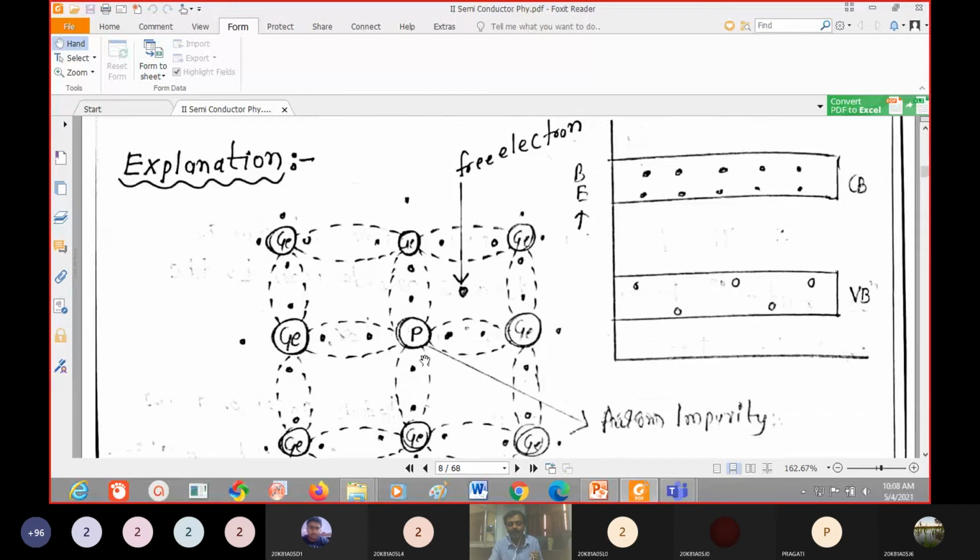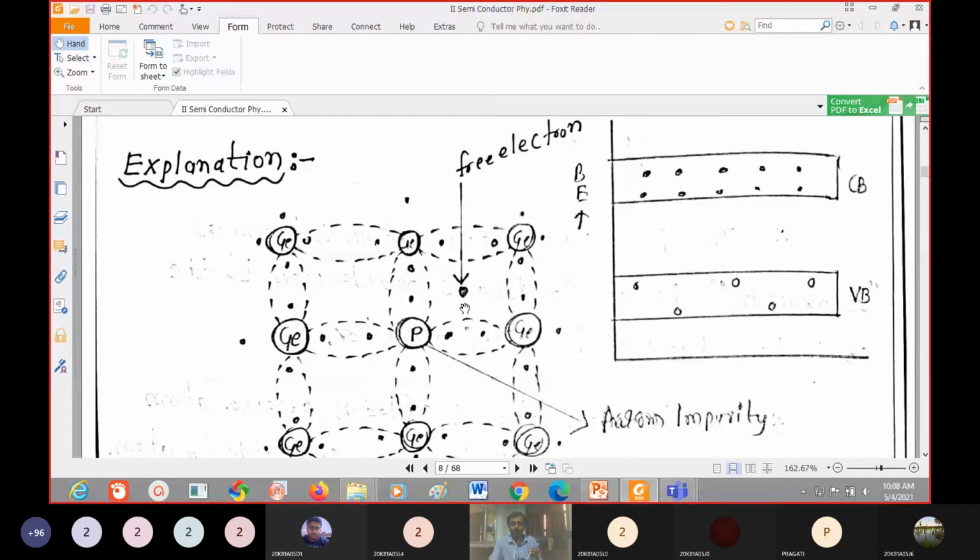So 4 phosphorus electrons bond with the 4 surrounding germanium atoms, and one phosphorus electron will be free. This electron is not involved in bonding.